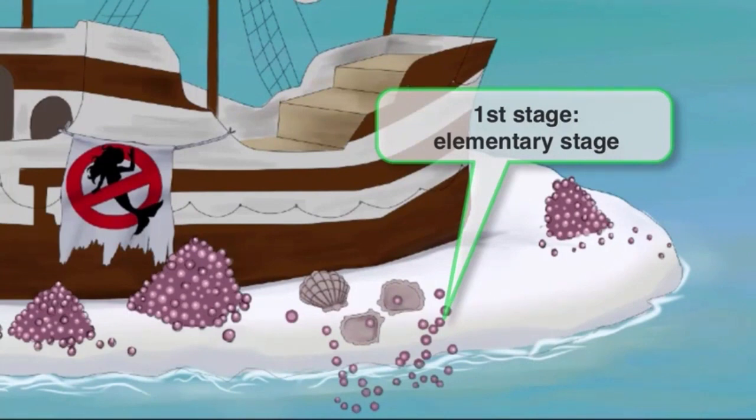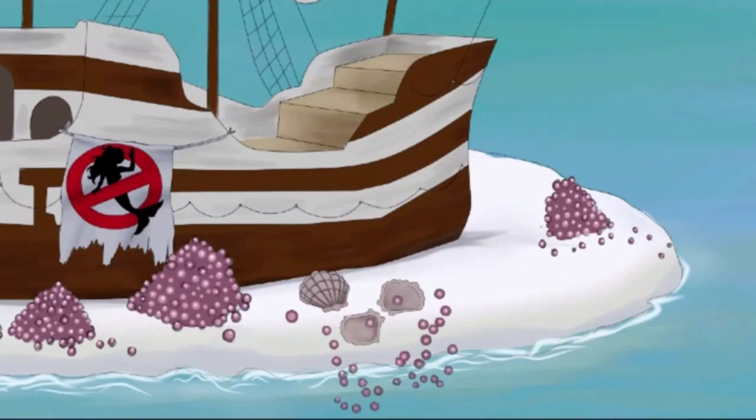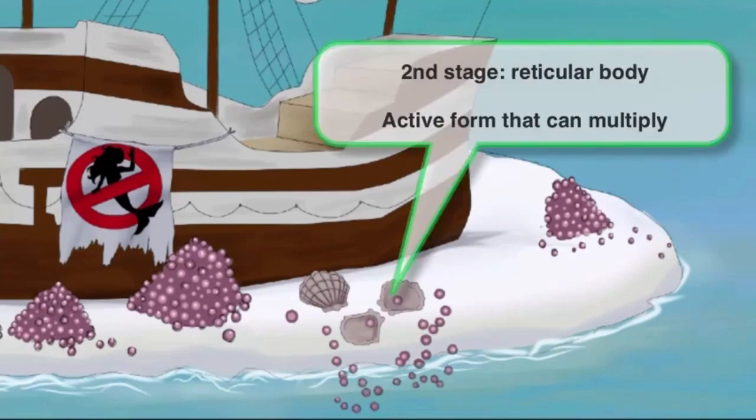Simple, right? Okay, now stage 2 is after the bacteria is inside the cell, or inside the clam, and as you can see, the clam is split into two, so we can see inside and that there are two pearls. And this form is called the reticulate body, and it's how the bacteria multiply, through binary fission. The reticulate body is known as the active form that can multiply, something that the elementary body can't do.